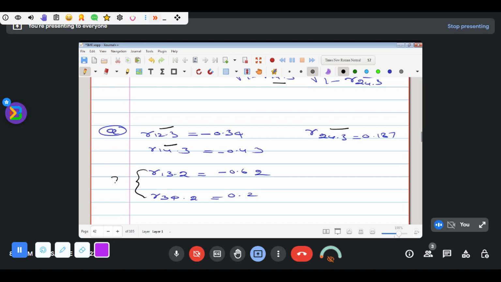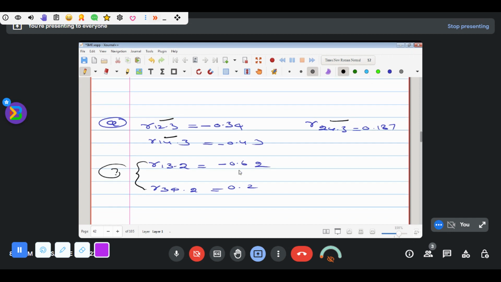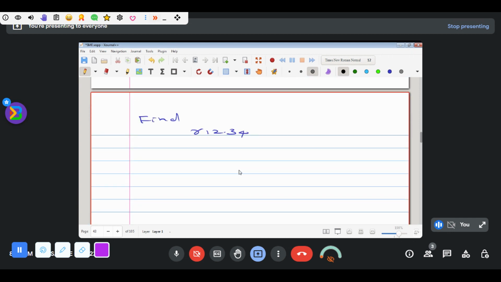Okay, new formula I will give after we complete this problem. What is the formula here? Find R12.34.